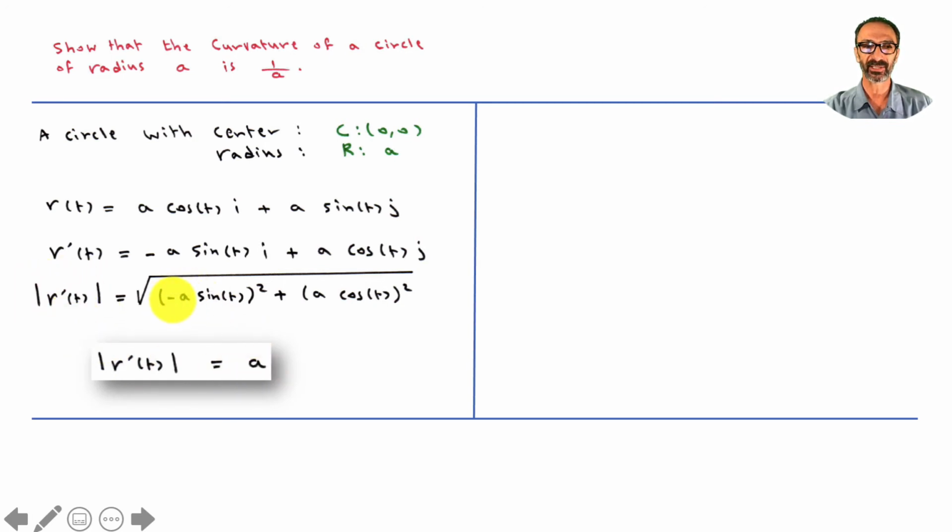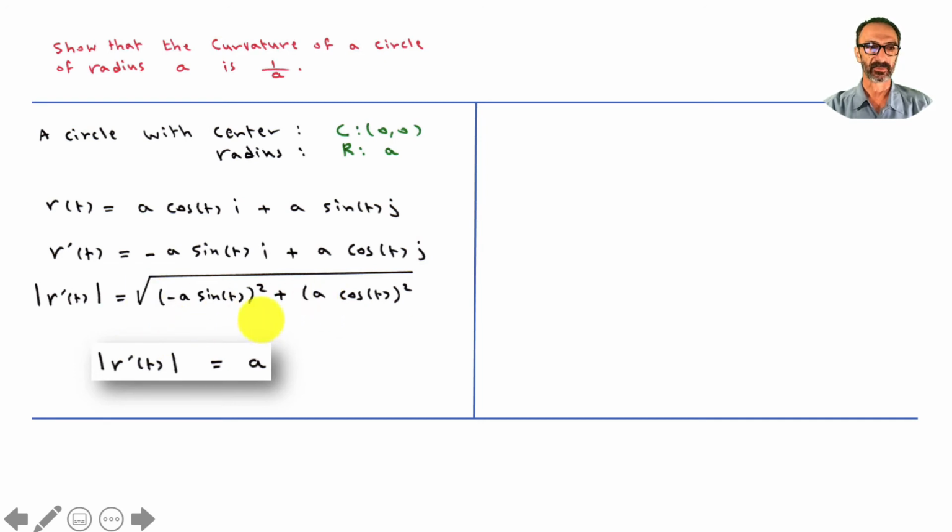Well, if you pull minus a and square it, that's going to be positive a to the second, and this will give you a to the second. You pull it outside as a common factor. You will end up with inside sine square plus cosine square, which is 1. And we have the square root of a square, which is just a, because a is the radius, which is positive. We're not going to use magnitude of a or absolute value.